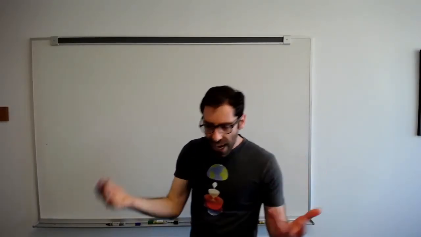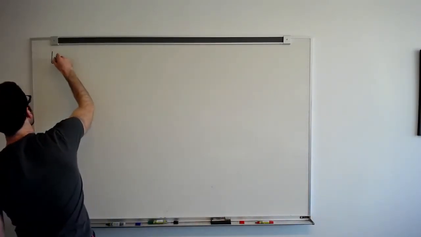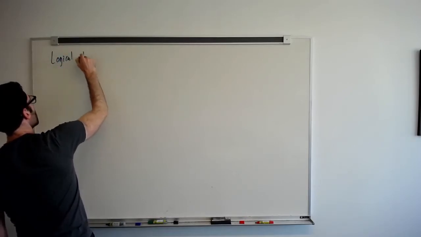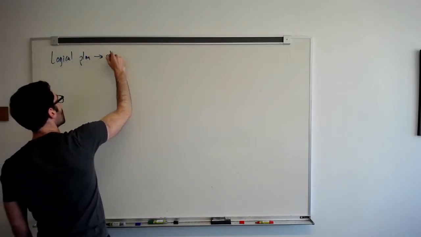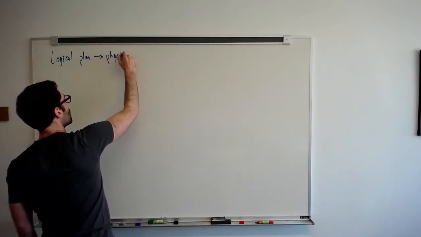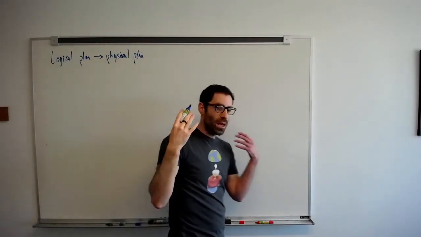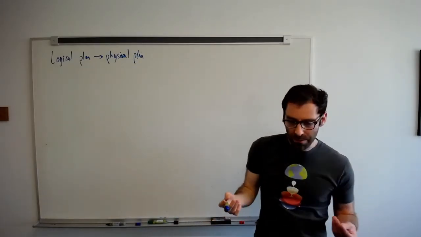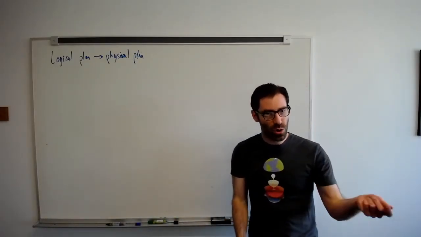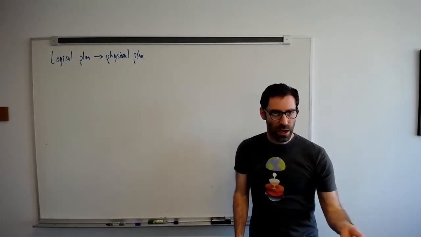And so our task here is to go from a logical plan to a physical plan. So this says, all right, we have a join in our logical plan. What join algorithm should we use?